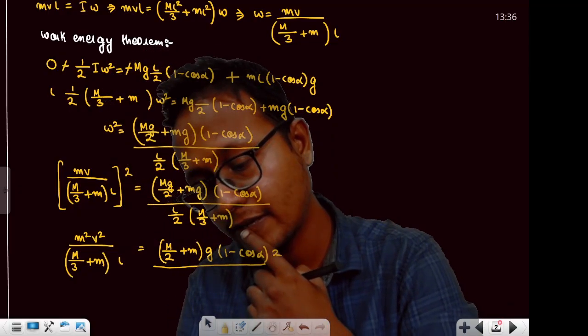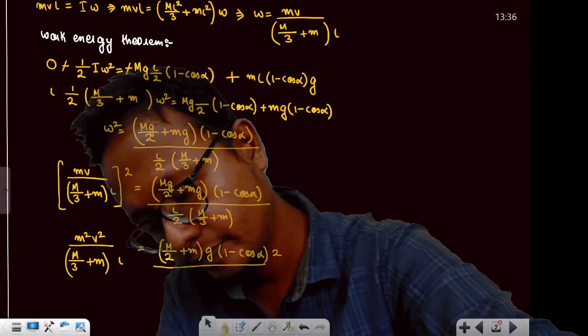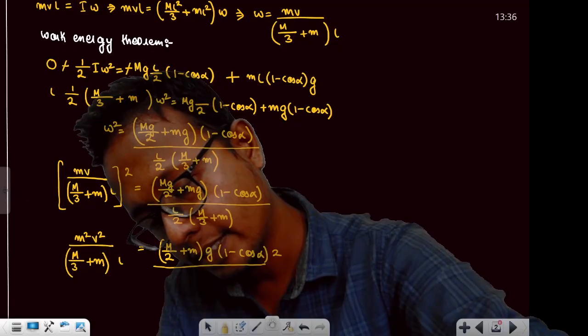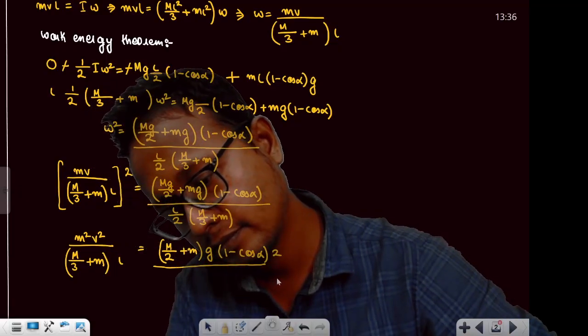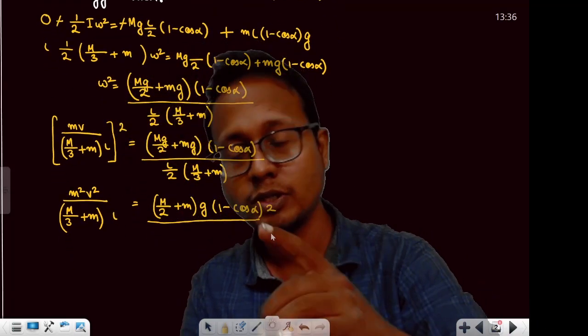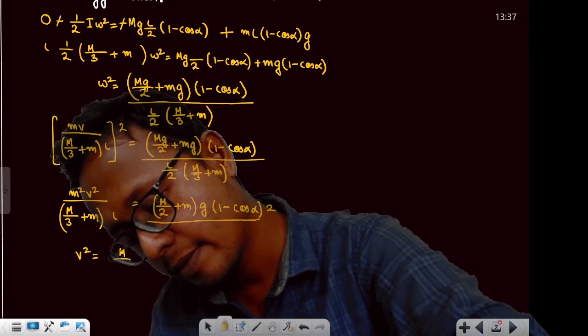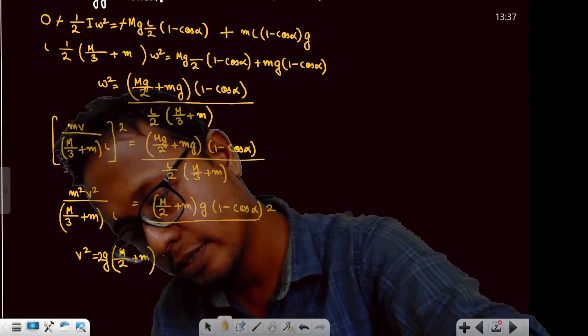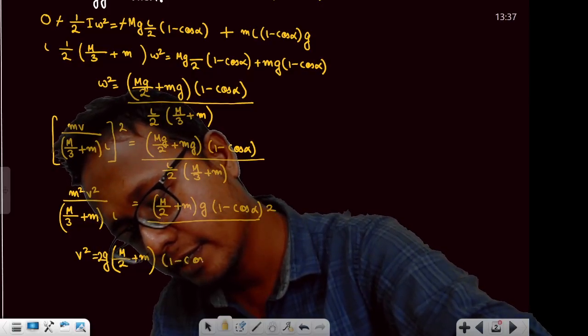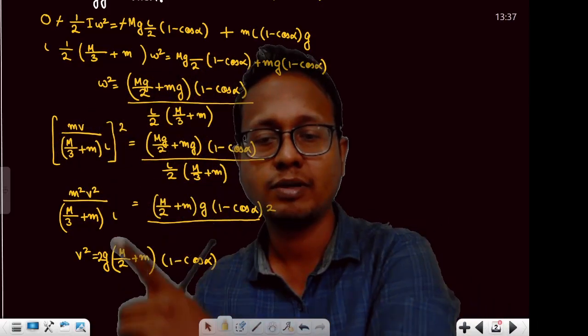What do I need to isolate? I need to isolate the value of v square. This is not square, this is 2. So v square is nothing but (m by 2 plus m) into g into 2g into 1 minus cos alpha. This 2 is written out here.